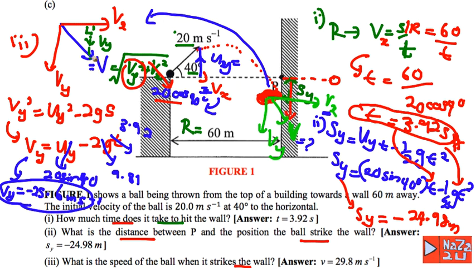So v is equal to 29.8 meters per second. This is the answer for question number 3. Okay, that's all. Thank you. See you in the next video.